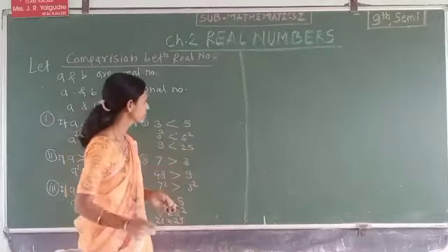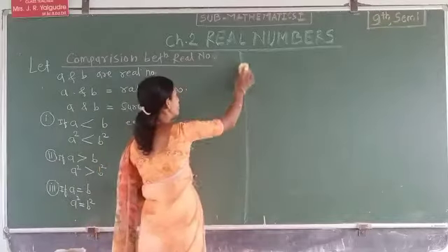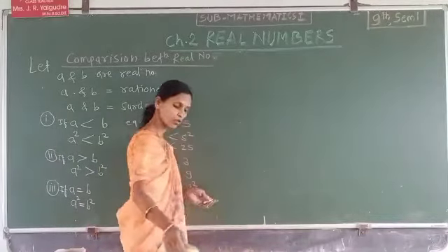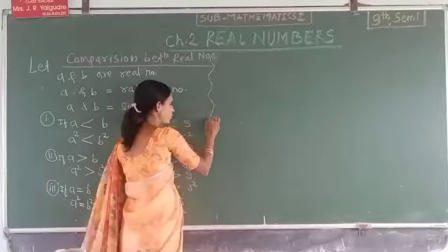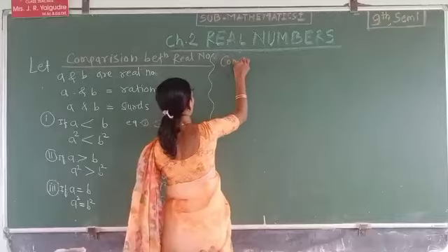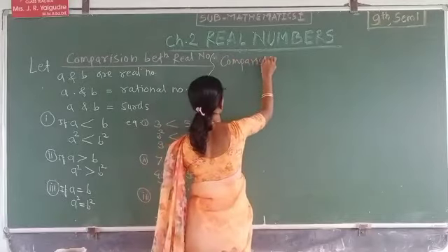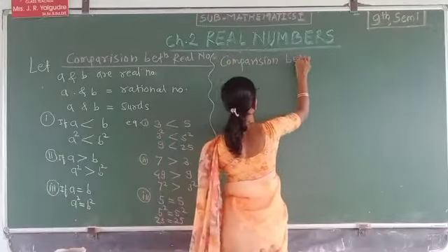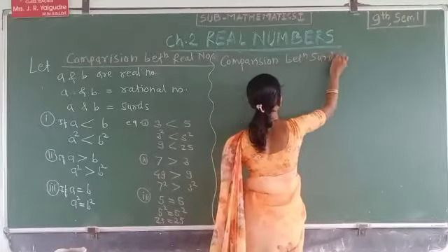Then we can prove a few properties related to surds by taking examples. Let us solve a few examples based on comparison between surds.